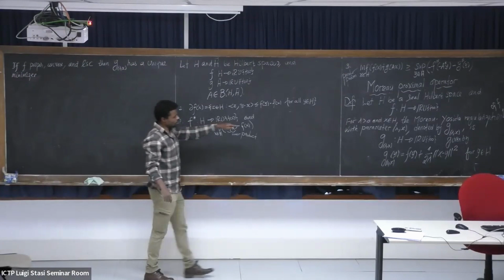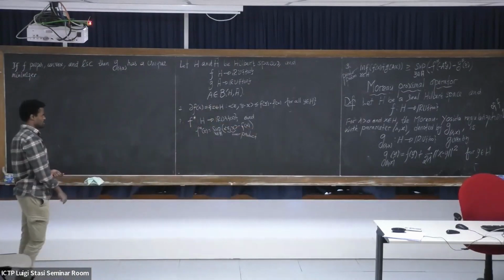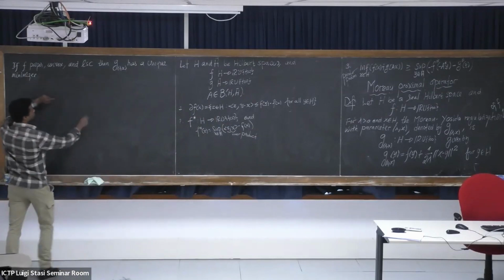Convex plus strictly convex gives us strictly convex, so this will have a unique solution.